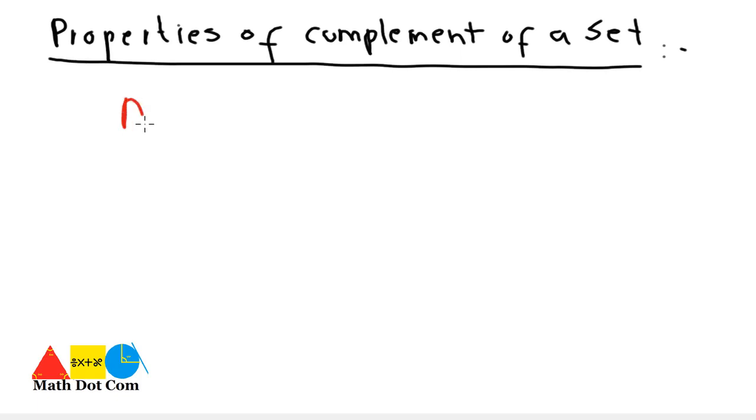We have A union A complement, it is equal to universal set. Then A intersection A complement, you can have the proof also by taking the example, equals phi.